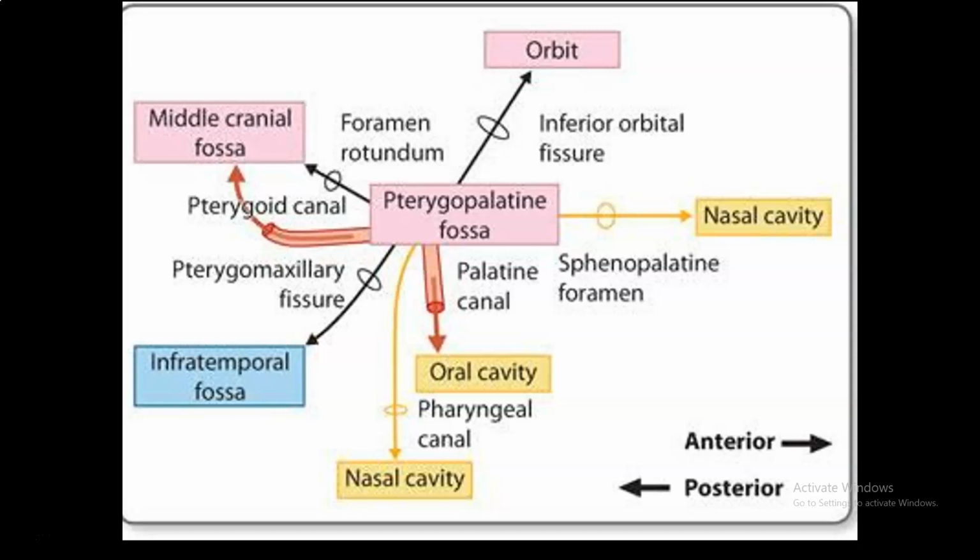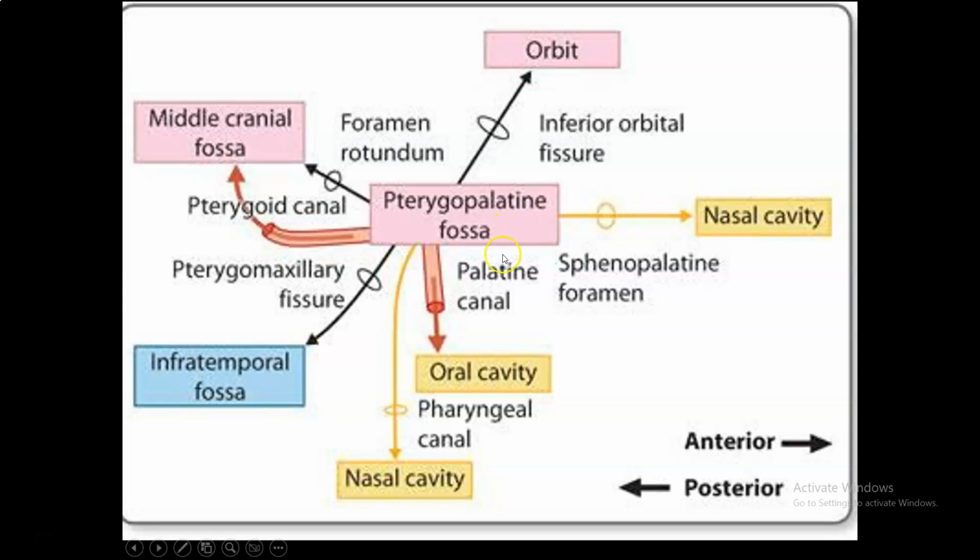The boundaries are the anatomical boundaries. Communications are where to go from the fossa. It's very logical. If you go anterosuperiorly, you will get the orbit through the inferior orbital fissure. If you go anteriorly, you will get the nasal cavity.